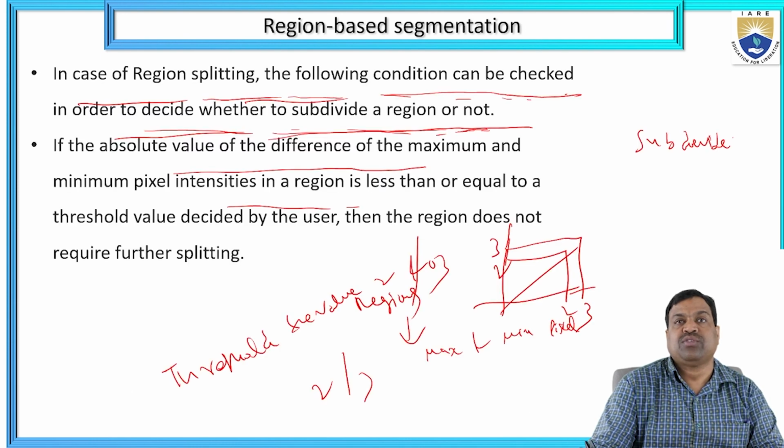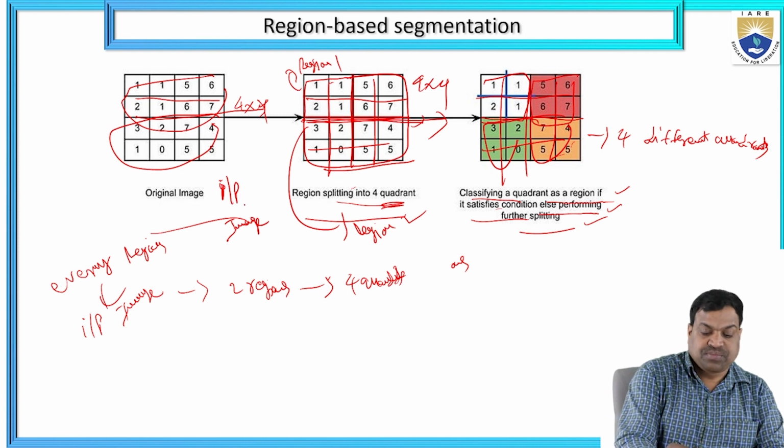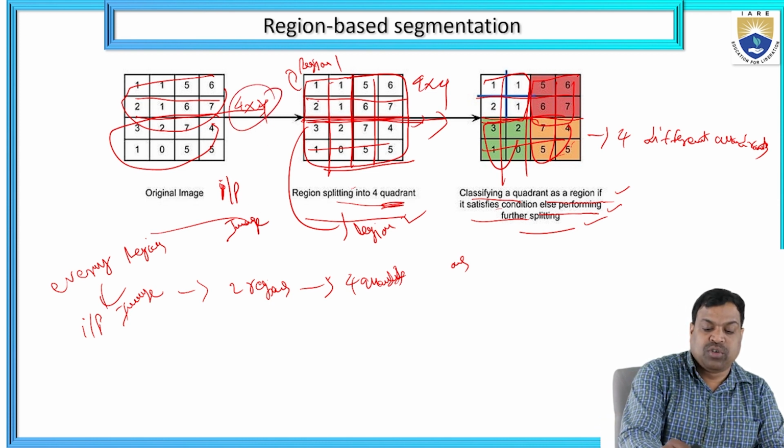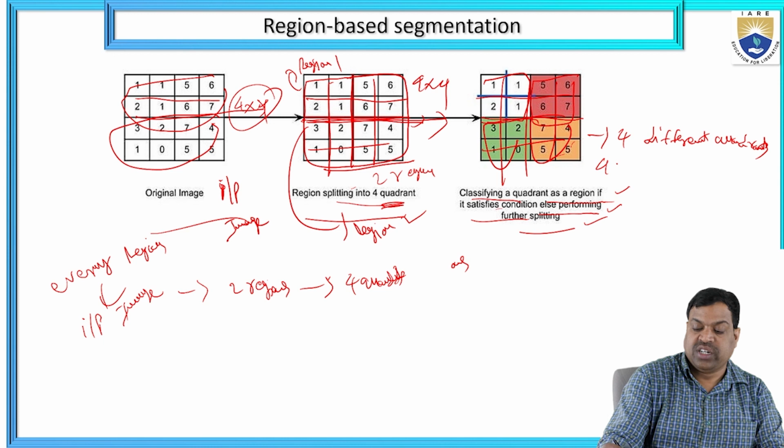In the case of region splitting, the following conditions can be checked to decide whether to subdivide into regions or not: the absolute difference between the maximum and minimum values. This is the original image with 4 by 4 quadrants. It is 2 regions, and it is 4 quadrants.